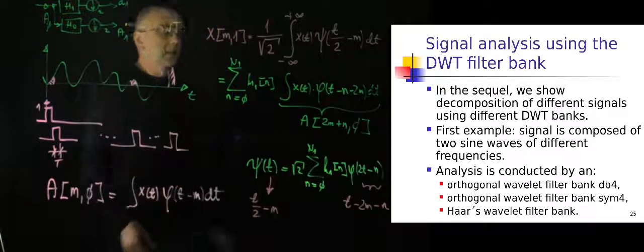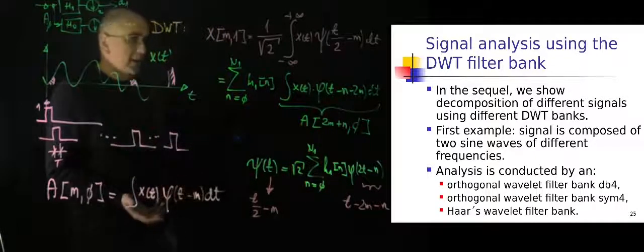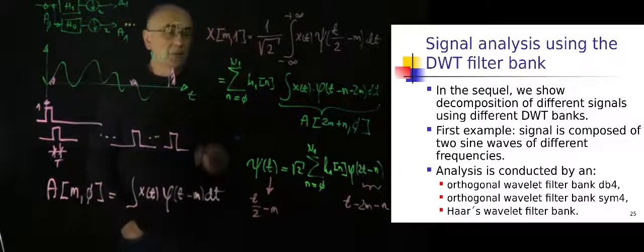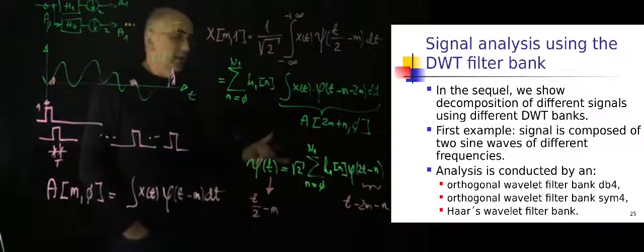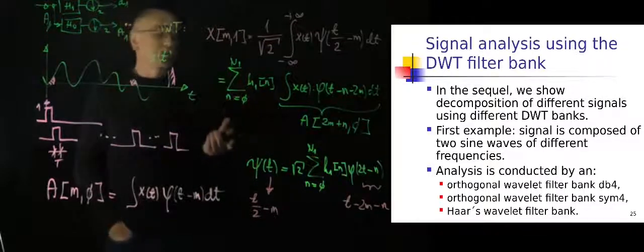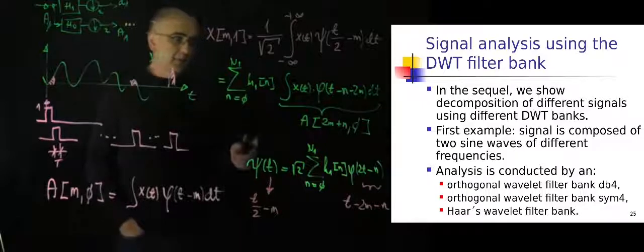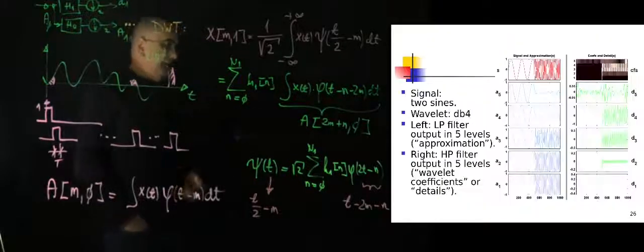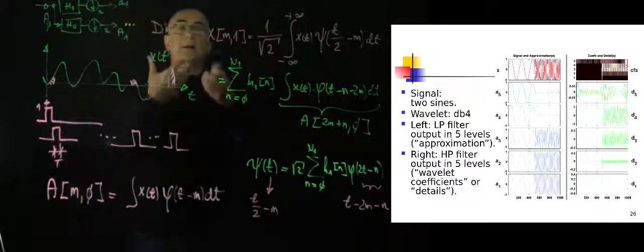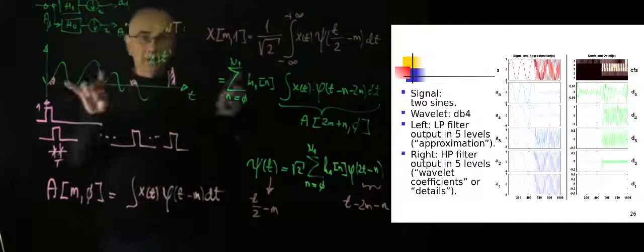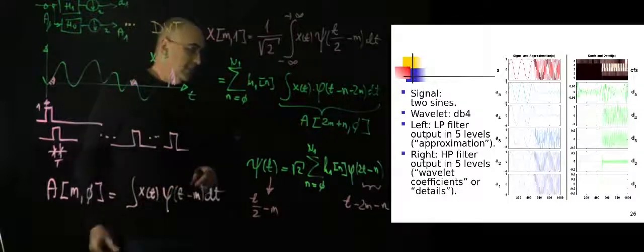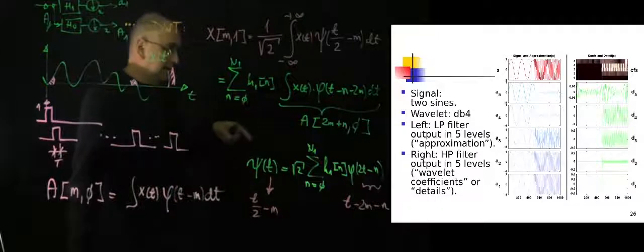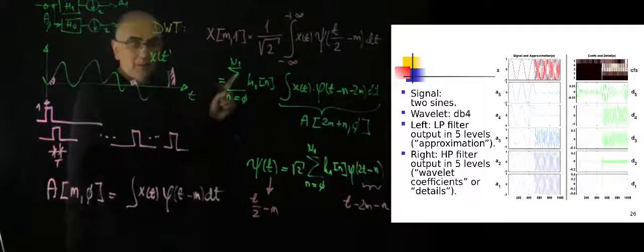So let's calculate wavelet coefficients for some choices of pairs of wavelet functions and scale functions. Let our signal be two sine waves of different frequencies. It is in the leftmost column, the first one.